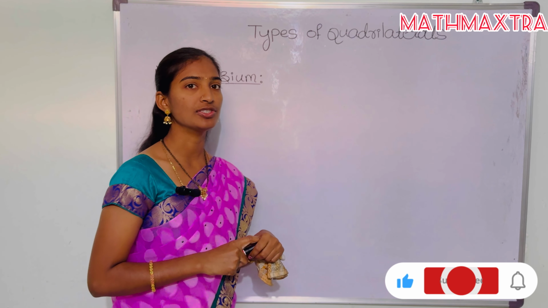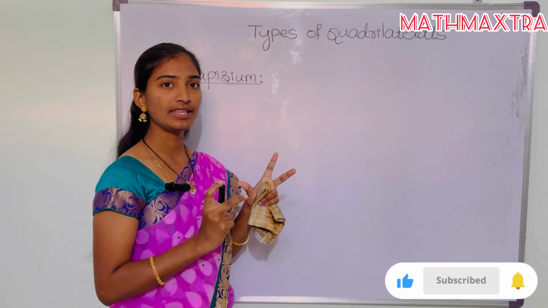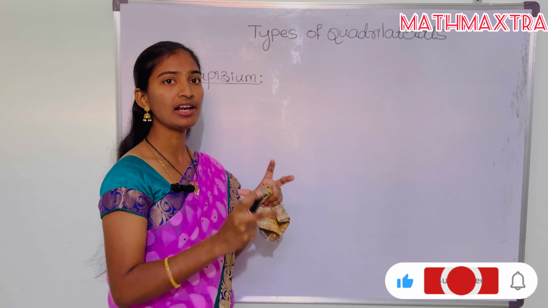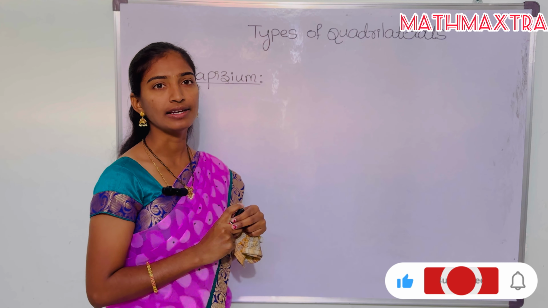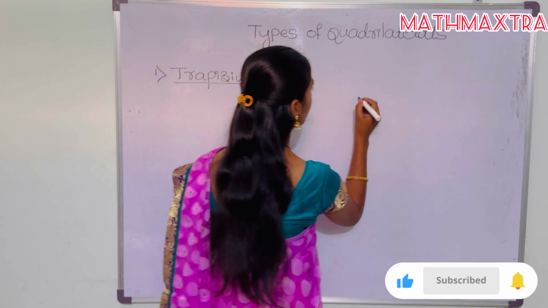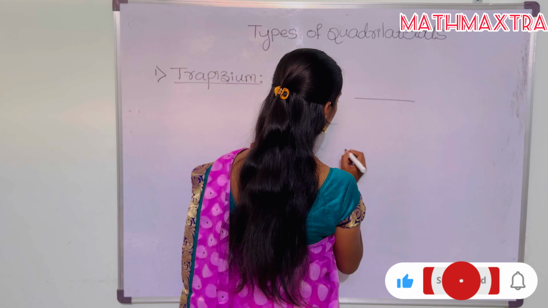What is a trapezium? A trapezium is a quadrilateral in which one pair of opposite sides are parallel. See, you take one quadrilateral.